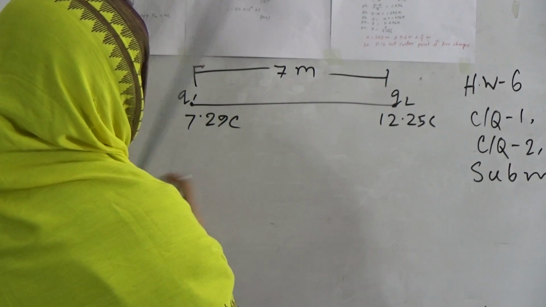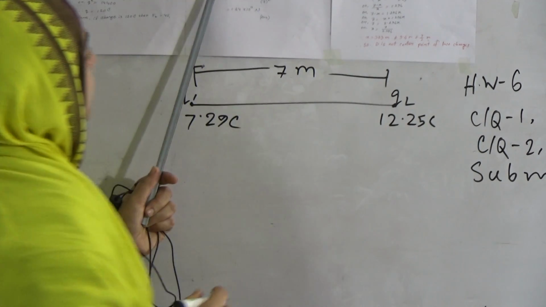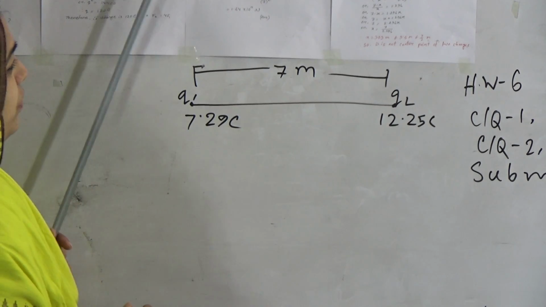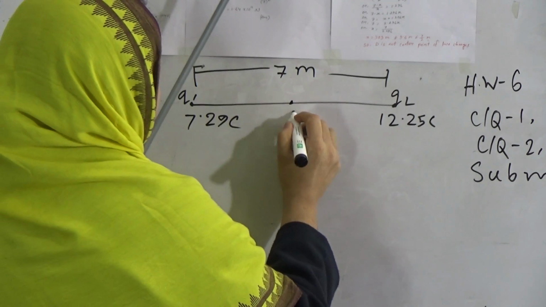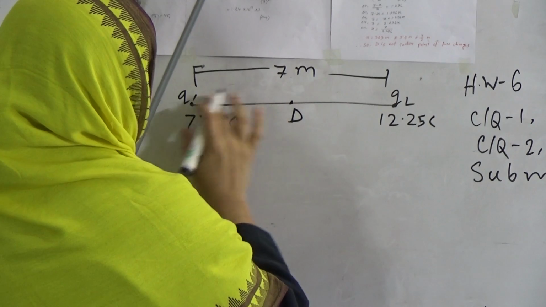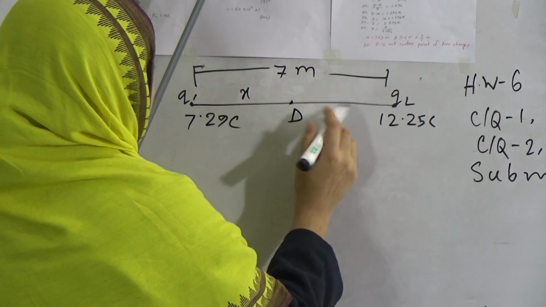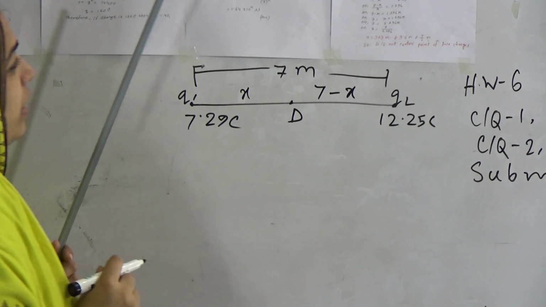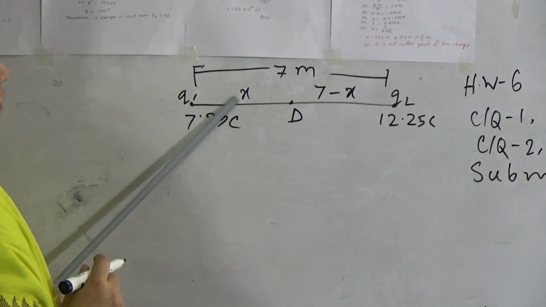And we have to find whether D is the middle point between them or not. Suppose here is D, and the distance from the first charge to D is x, so the other distance will be 7 minus x. Now we have to find the value of x.